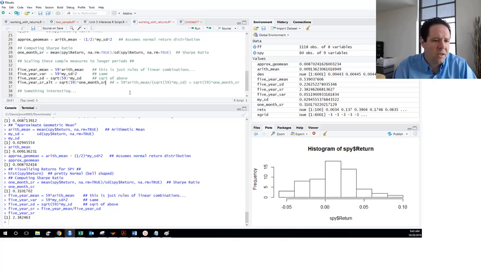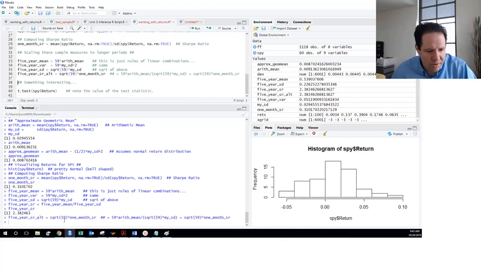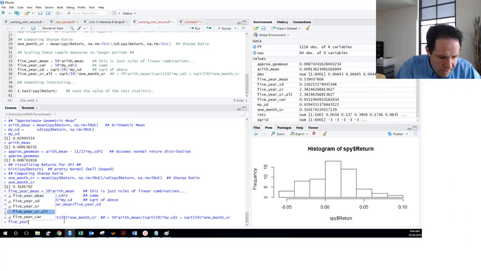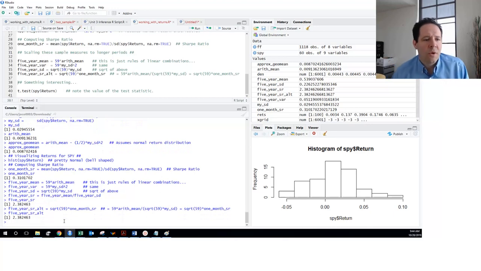Turns out that gives me an alternative way to do this. If you wanted to know what the 5-year Sharpe ratio is, and you already know the 1-month Sharpe ratio, the rules of linear combinations imply that you take the number of holding periods, or number of months, take the square root of that, and multiply your 1-month Sharpe ratio by the square root of the number of time periods.